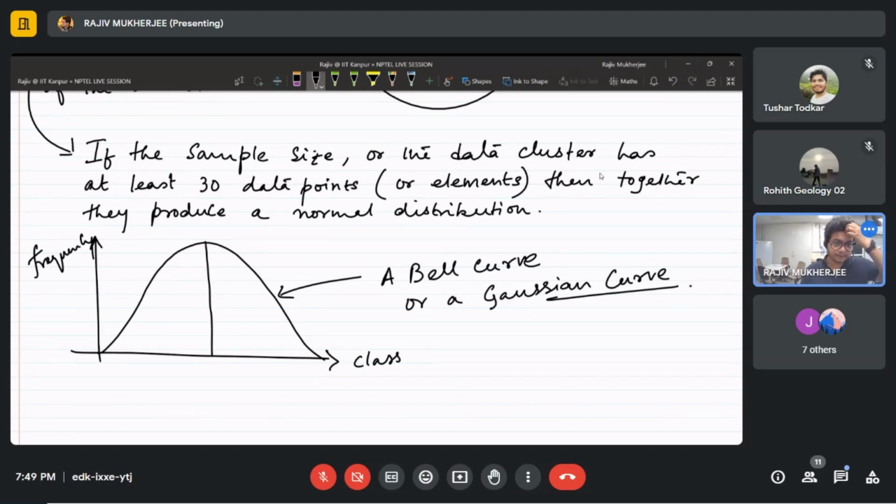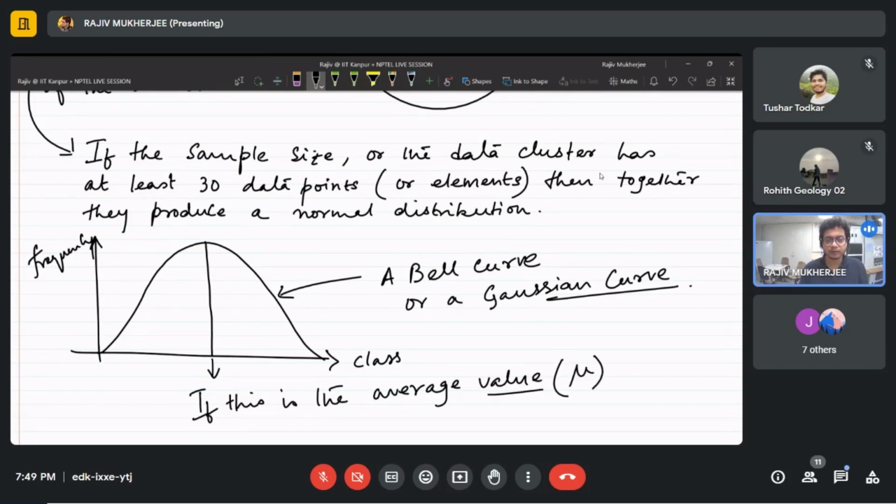So if this is the average value, it is denoted through mu, of course.